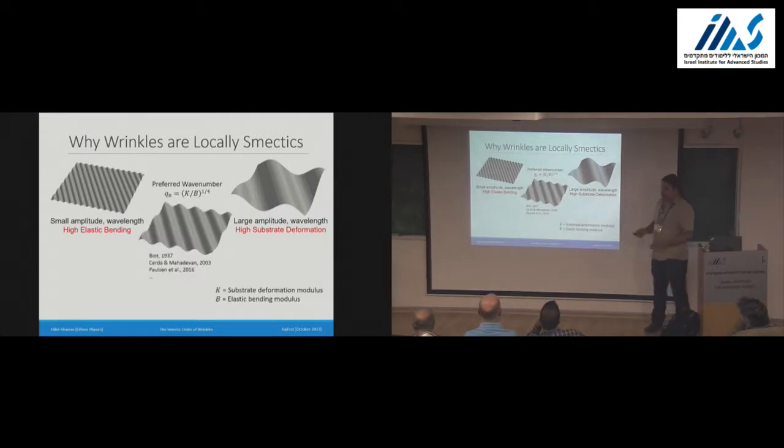It's set simply by the ratio between the substrate deformation modulus, or the gravity, and the bending modulus of the elastic sheet. These two give us a length scale. So this is a preferred wavelength for wrinkles, and this is known in one-dimensional systems for many decades.